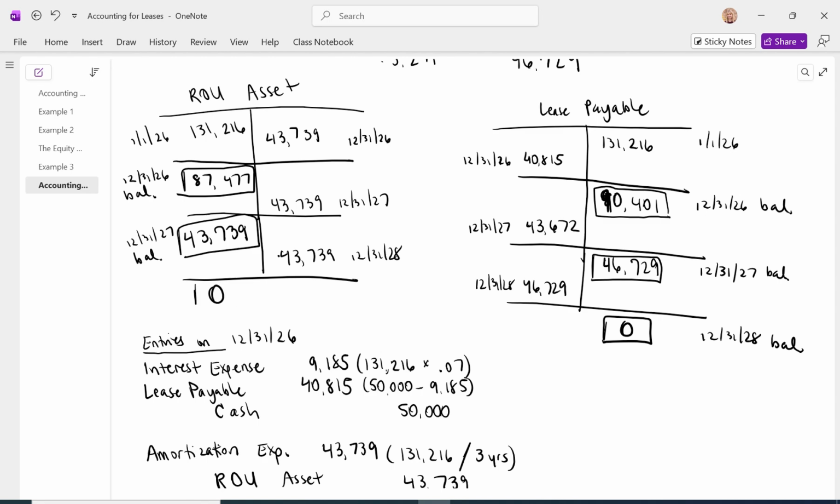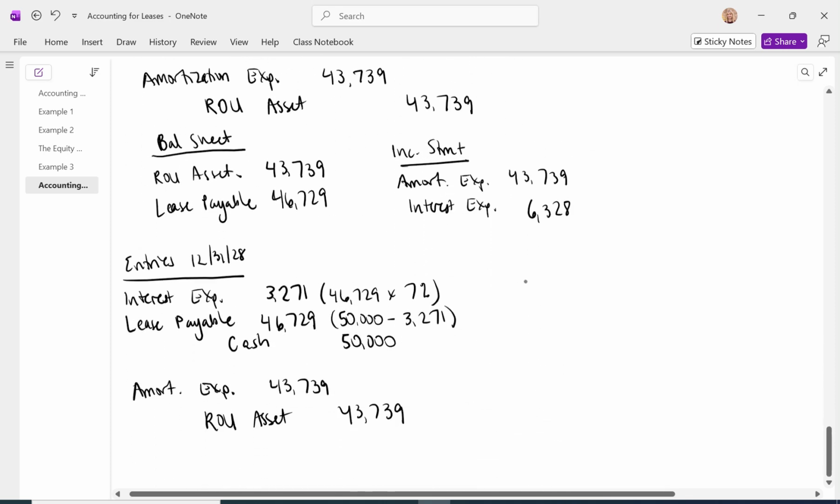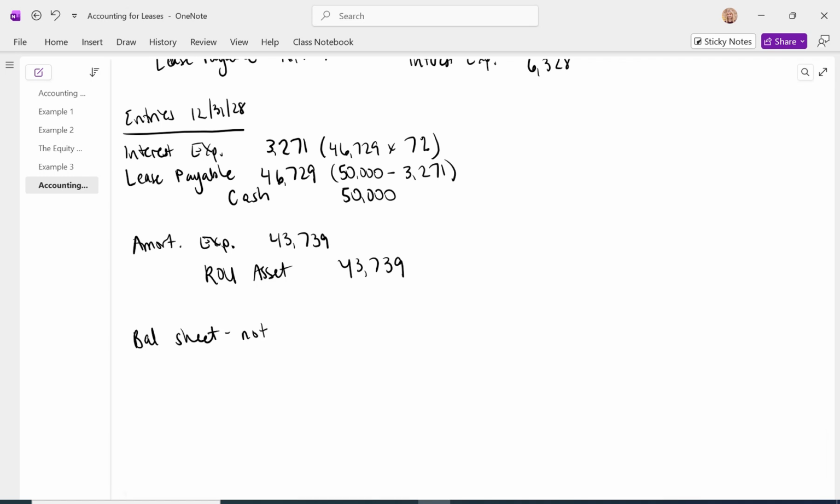The end of the 3 years, we have no remaining asset balance, no remaining lease payable balance. So what we have on the balance sheet is nothing. And what we record on the income statement is amortization expense, as we have, and interest expense in that last year of 3,271.